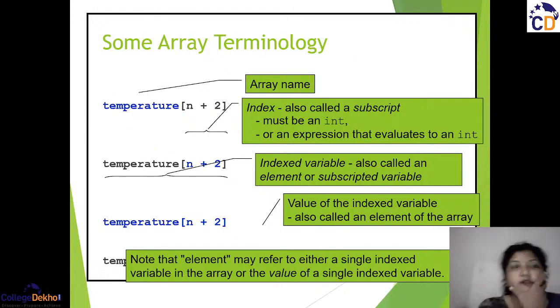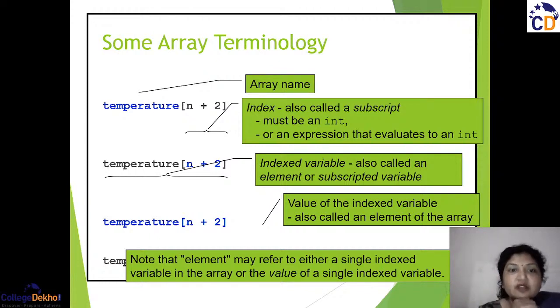Let's see one example of some array terminologies. The temperature is the array name. n plus 2: what is n? Whatever is written in the square brackets is treated as a subscript. So the subscript is n plus 2, where n is the size or any index number, and you are adding 2 to that value.